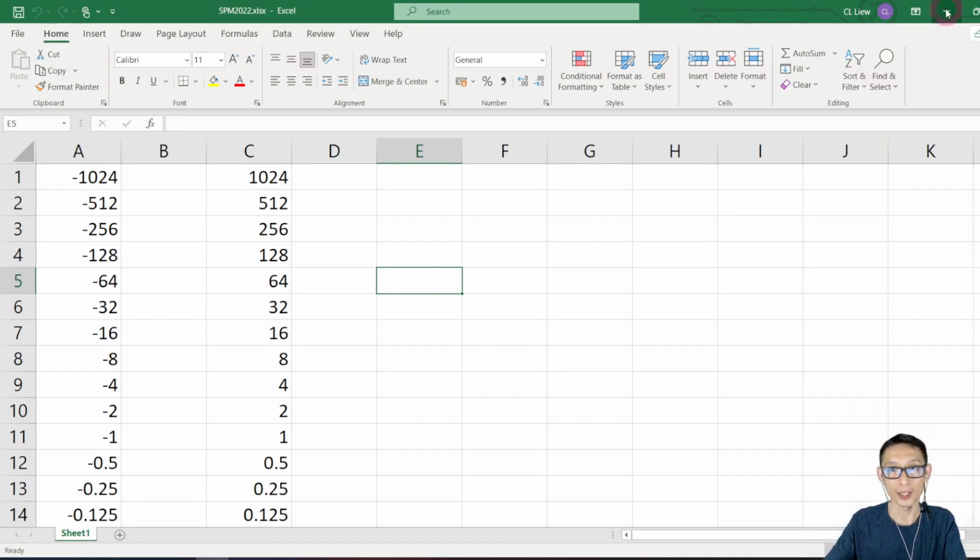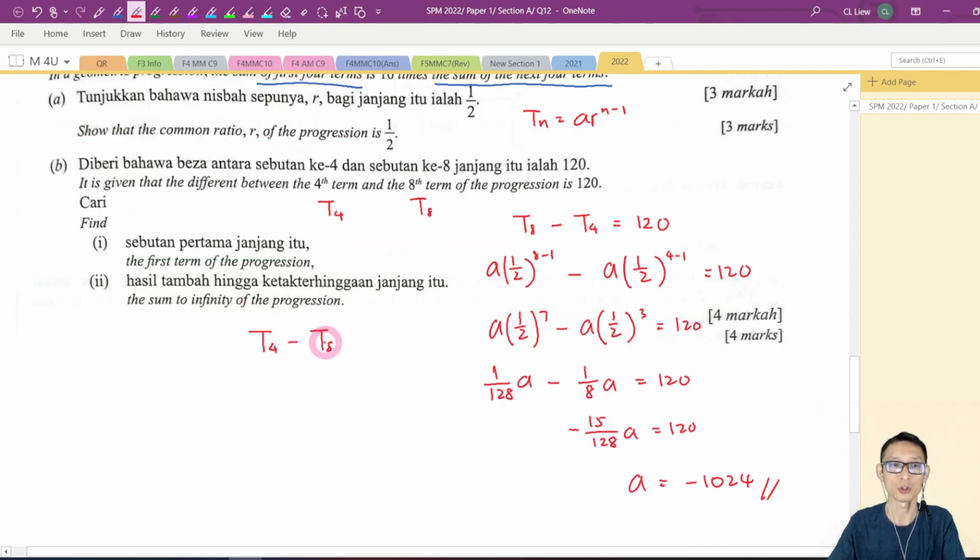If you do it another way, T4 minus T8, you will get a positive A, which is 1024. So I think, in my opinion, the question should tell you that the A is positive or negative, so that we don't have this argument. Okay, I will just go with this one.